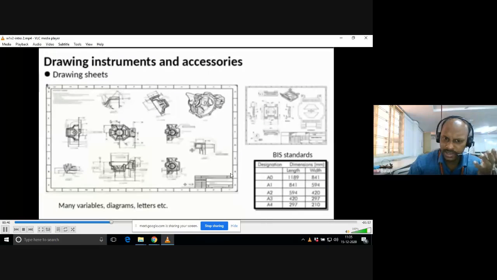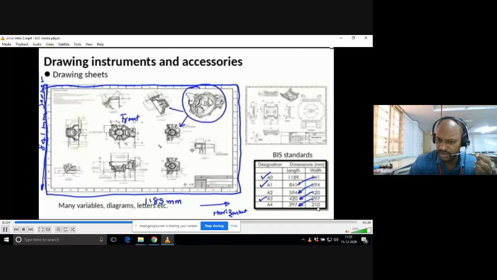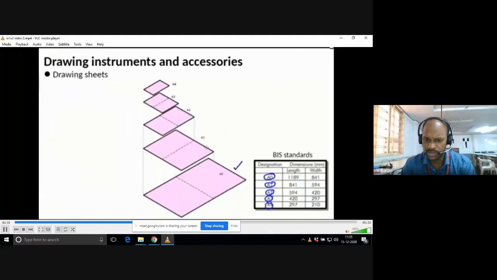Again, this is also something we previously discussed: the different drawing sheet sizes, designations A0 to A4. A4 is ordinary paper, which we find in Xerox shops, and that is 297 by 210, whereas A2 is generally used in engineering and academic applications from an education point of view.